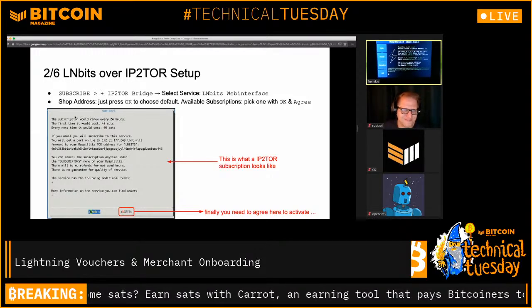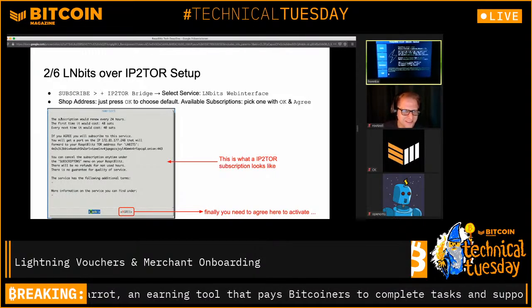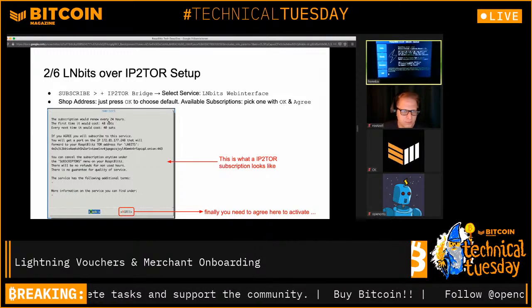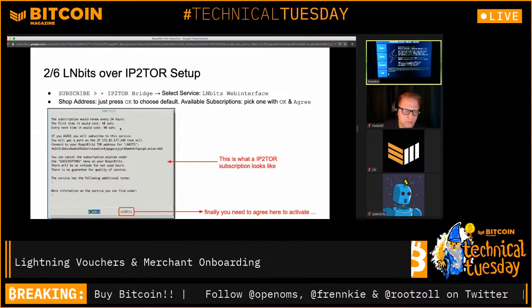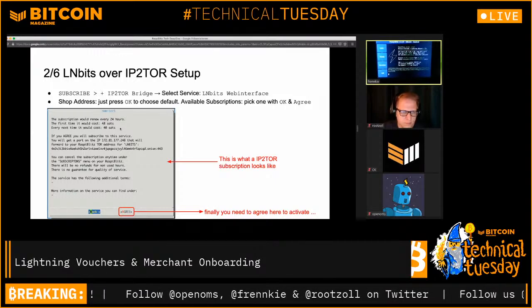That's basically the location of this server that's running these bridges. And you can buy one of these bridges for 24 hours. It will cost you 48 sats for the first sign up. And then if you just let it renew automatically, each extension for another 24 hours will just cost you 40 sats, so a little bit cheaper.